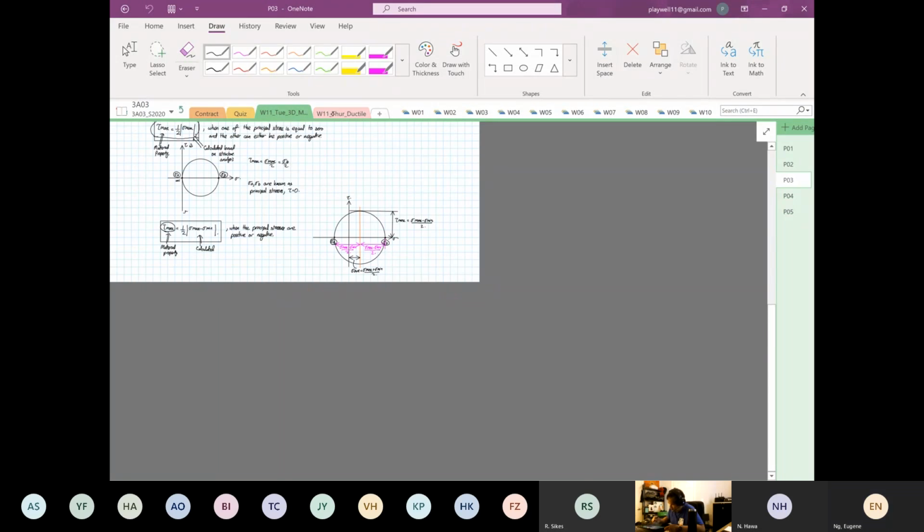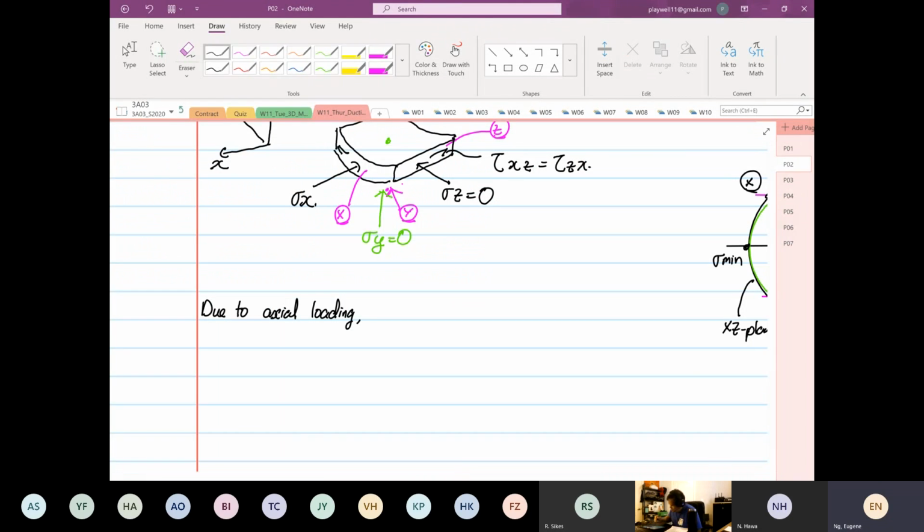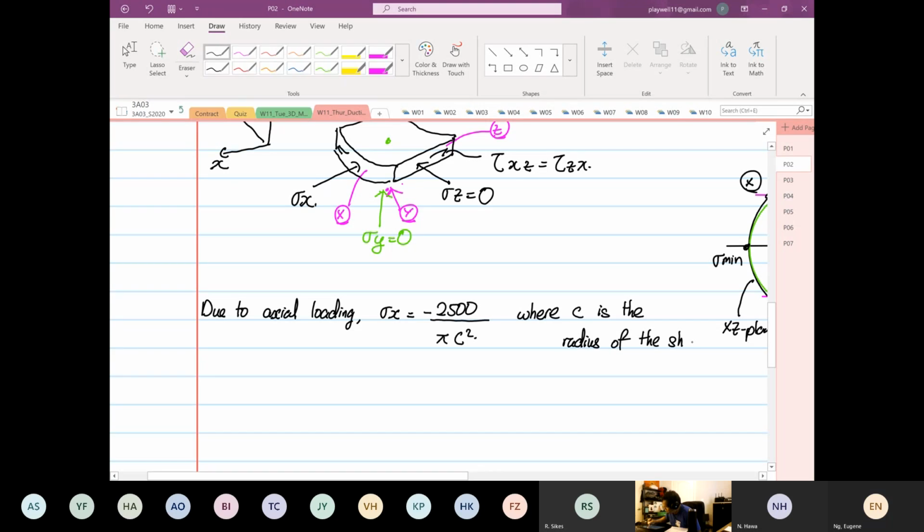So due to axial loading, stress X will be equal to minus 2,500. There's an axial load and it's in compression, divided by pi c squared, where c is the radius of the shaft. So this is your c squared.